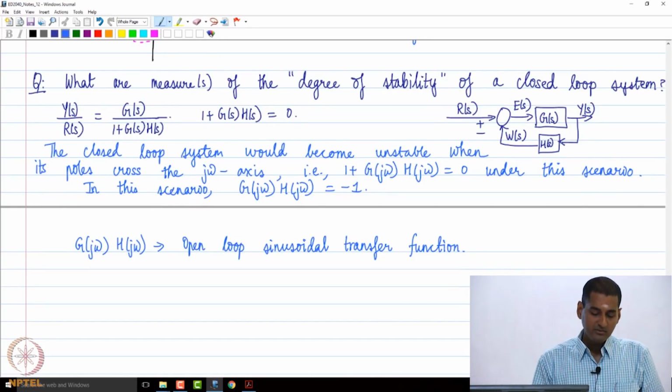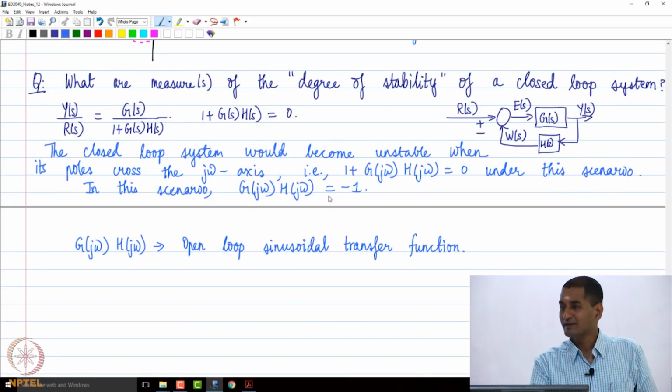Now, what are we interested in then? The system would become unstable when the Nyquist plot of G of s H of s passes through the minus 1 point, because if there is some value of s which makes the value of G of s H of s to be minus 1, then the system would become unstable.